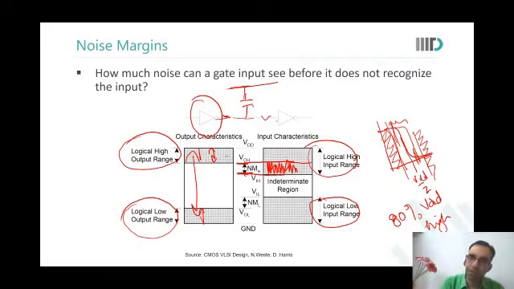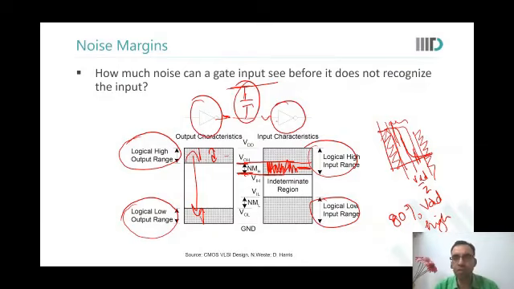Its output was high, but it fell a little. So it came to this level. Now for this particular inverter, I would still consider it as a high signal. So whatever crosstalk this wire introduced into my system, it did not spoil the logic level. I had sufficient noise margin. Noise introduced by this adjacent wire did not change my output.